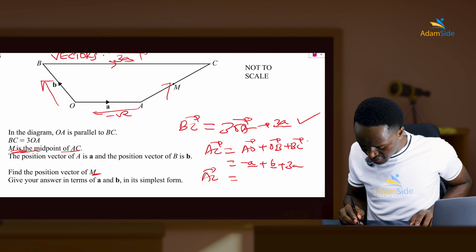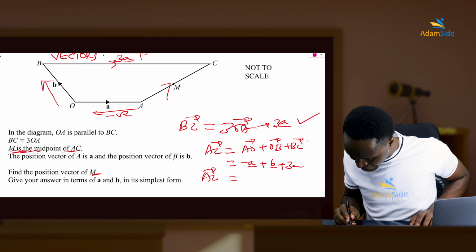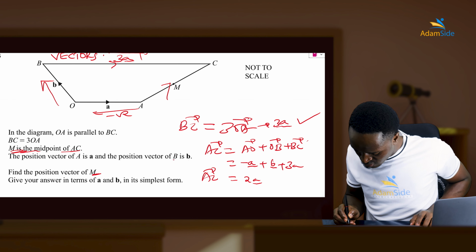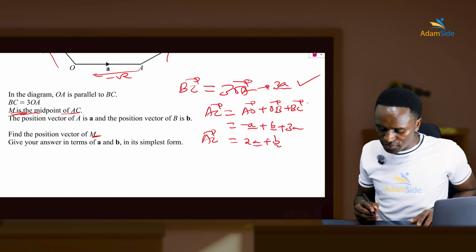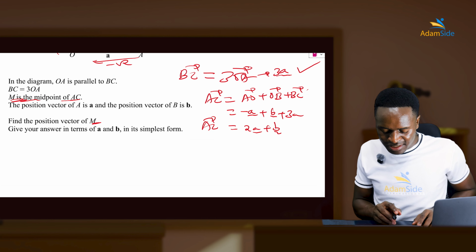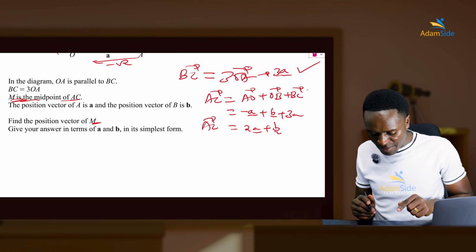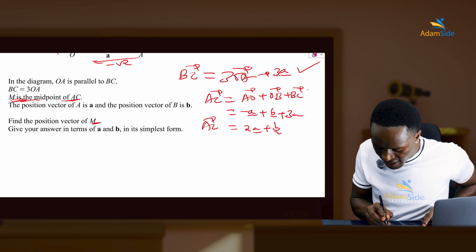Vector AC is 3A minus A, which is 2A, plus vector B. Now find the position vector of M, because M is the midpoint of AC.